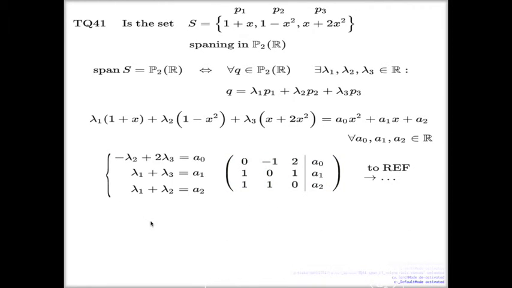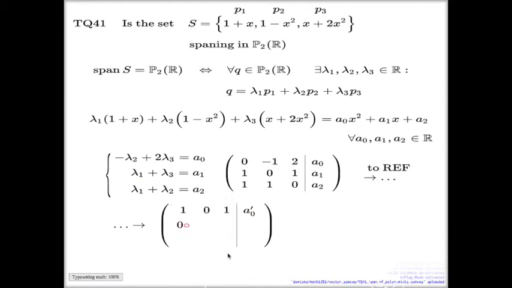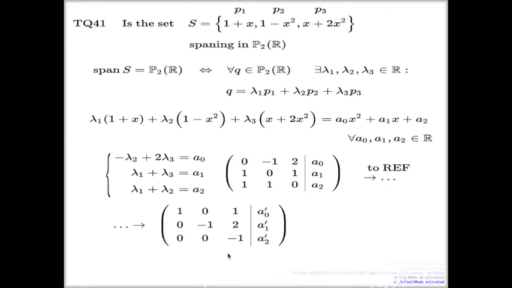When you take this to the row echelon form, that's the resulting row echelon form. You see, I didn't bother to do the arithmetic on the right-hand side because it's not really relevant in the current context. That's why I just replaced the right-hand side with some other symbols. With some effort, you can recover the exact relations between this A0 dash, A1 dash, A2 dash, and the original A0, A1, A2.